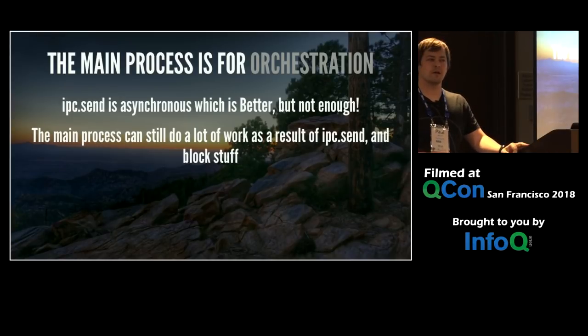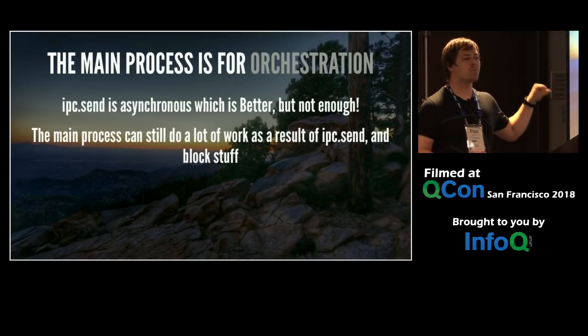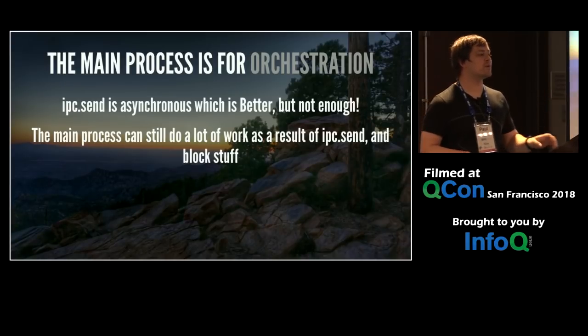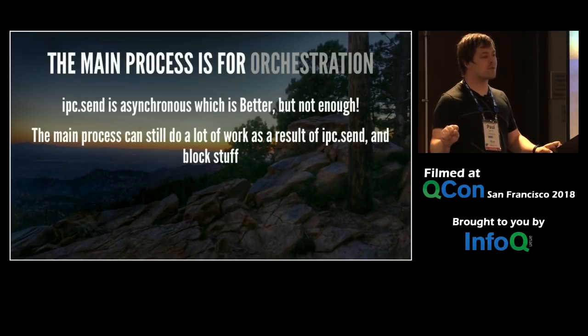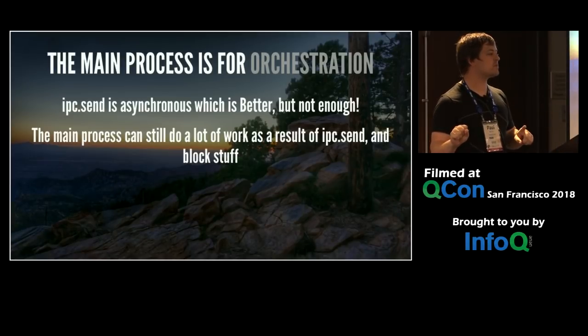It's really common in Electron. The remote module is a way to access things on the main process from a render process. It's really convenient. But the problem is it's also really slow because it has to use this synchronous send. It has to wait for a response.